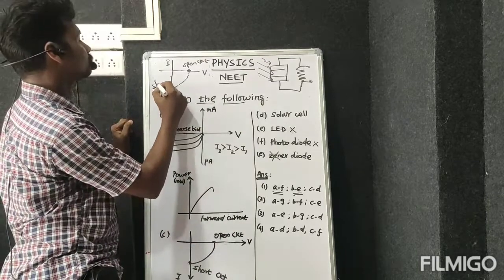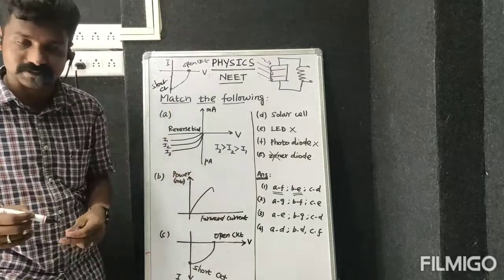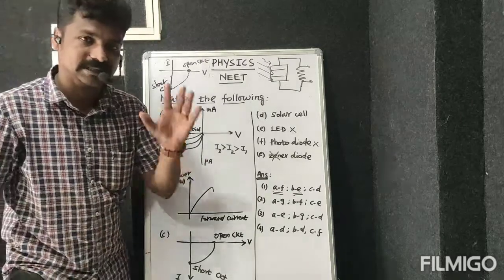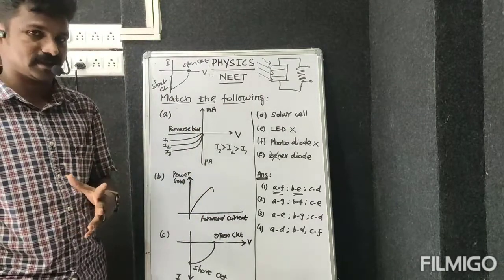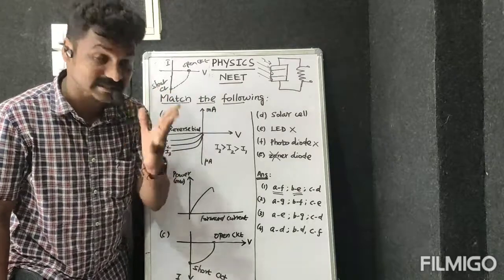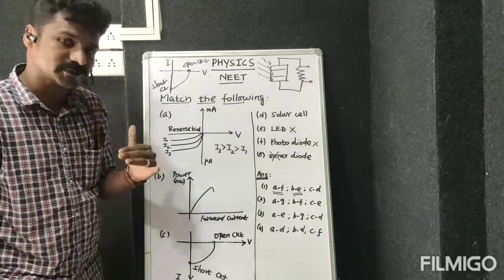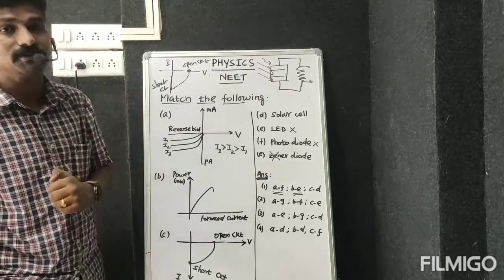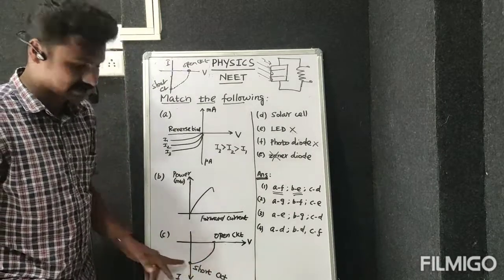This point is the short circuit. So if you observe that solar cell, without connecting the external resistance it has full voltage level, full potential. After connecting the external resistance, that voltage value is gradually reducing as well as the current value is increasing. So this is satisfied with this graph.